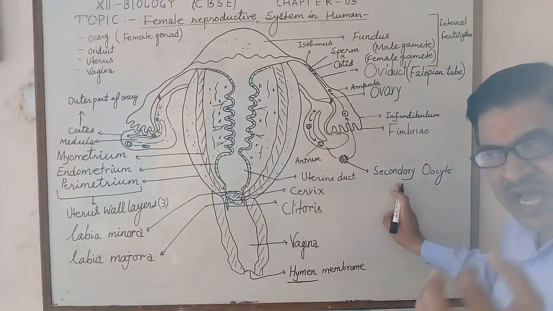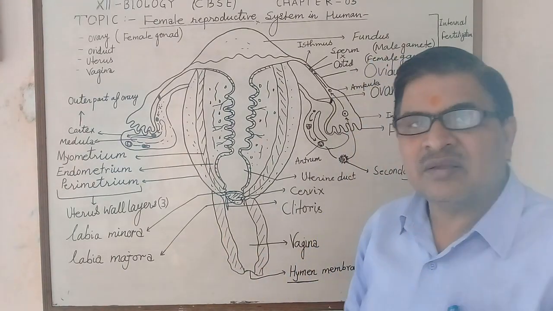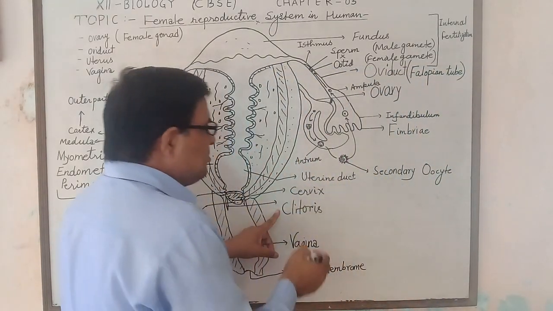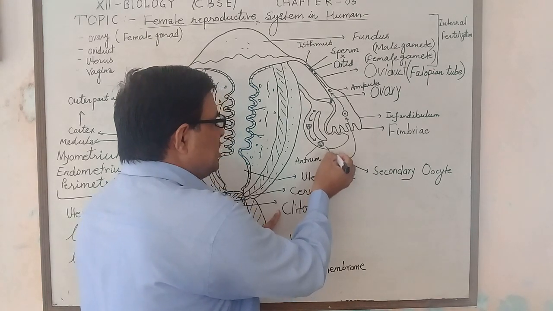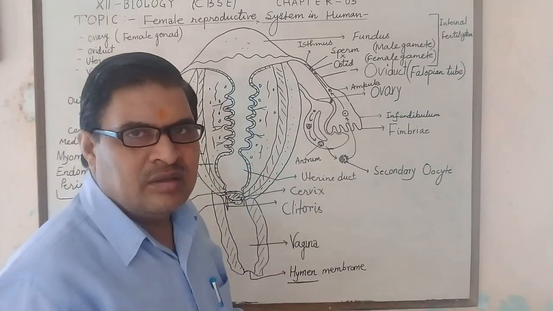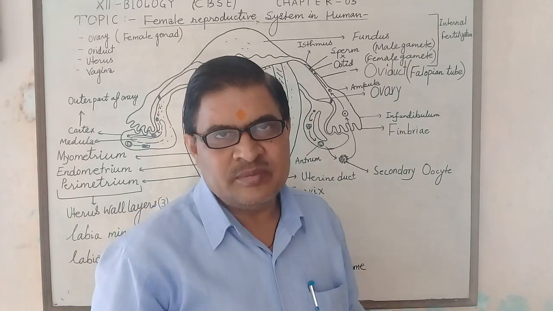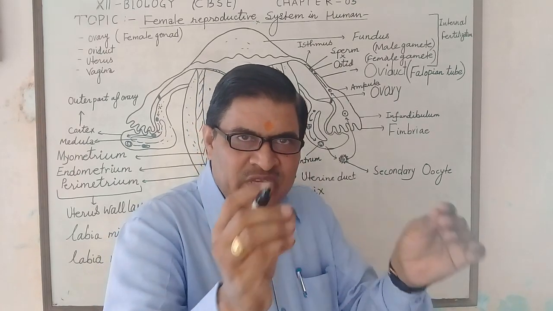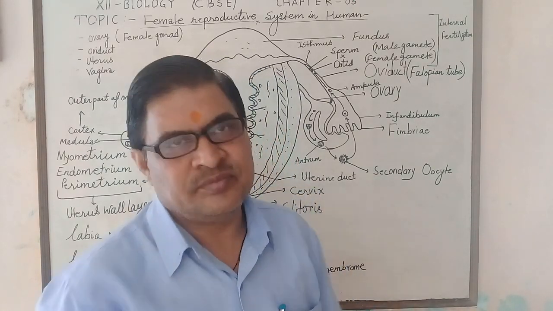When this secondary oocyte is released outside from the ovary, this is called ovulation. During the release of the secondary oocyte from the ovary, the corpus luteum structure forms in the ovary.